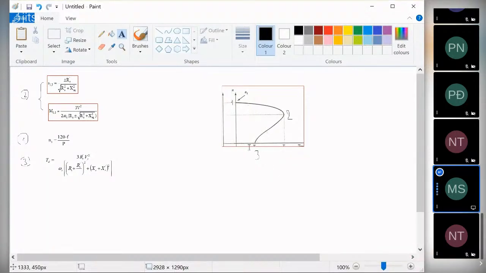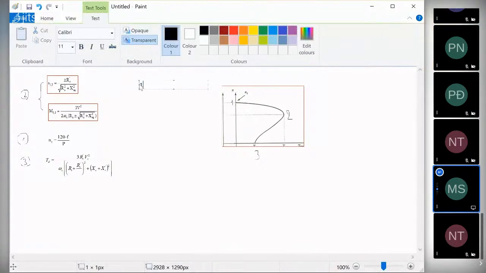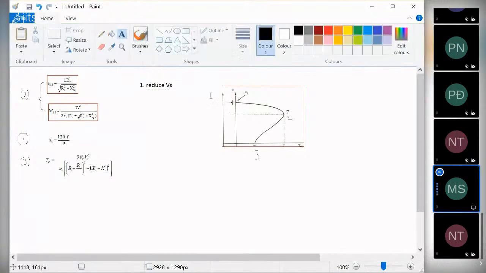Again, this is the natural response. Okay, in the first control method, I reduce the voltage supply, so help me to draw out the artificial response. Firstly, please consider point number one, the synchronous speed. When you reduce the voltage supply, the synchronous speed will be constant.